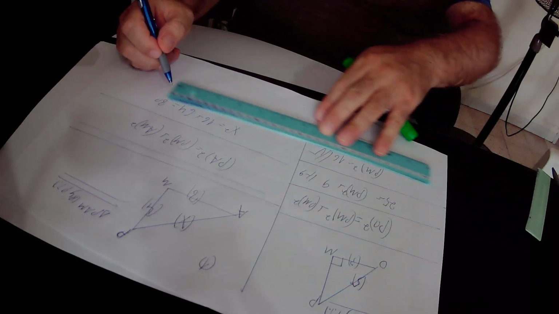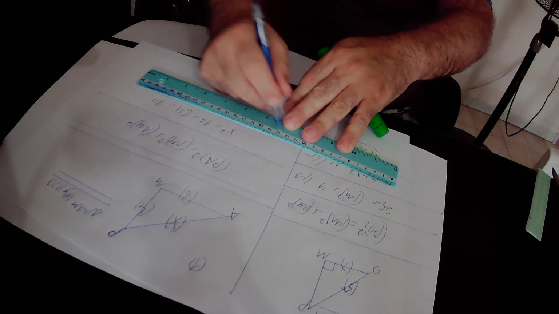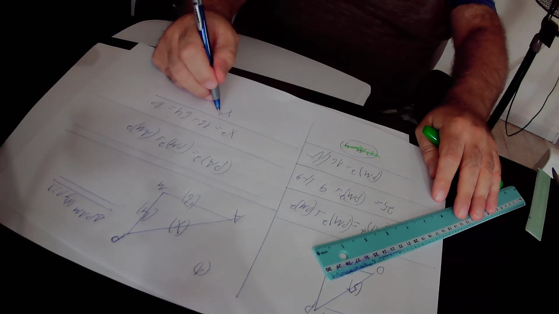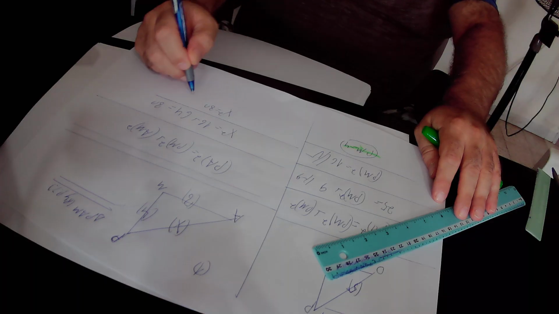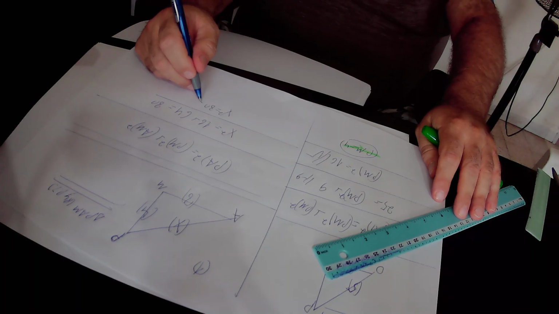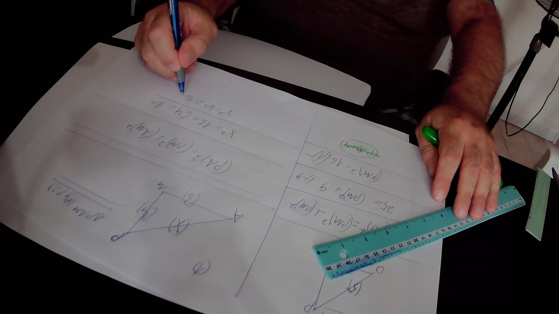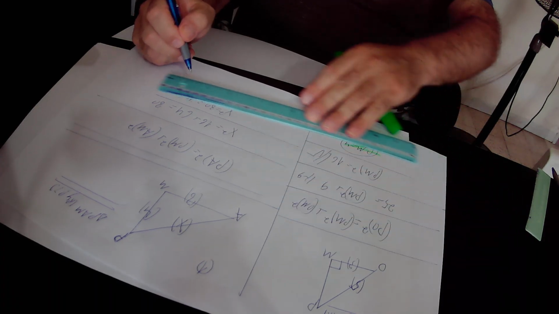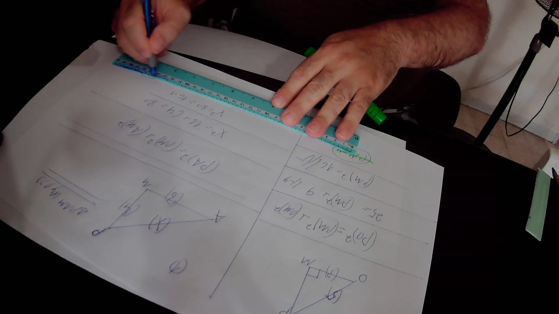So we found out that X squared equals 80. Here we substitute 80 by 16 times 5. So X squared equals 16 times 5.